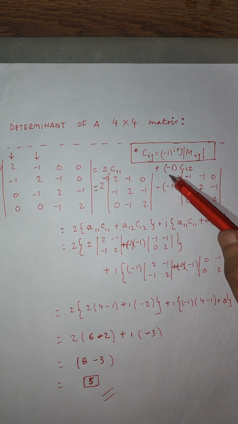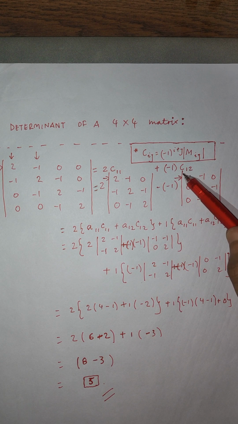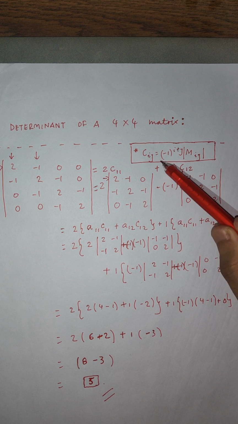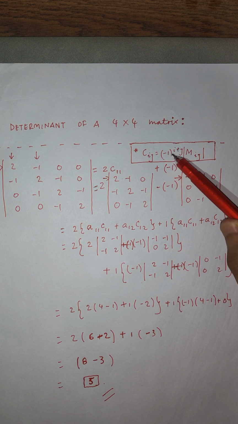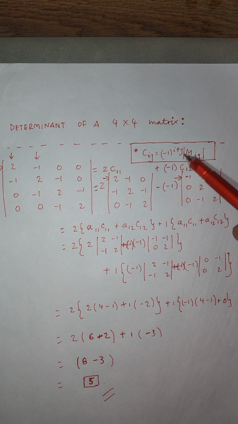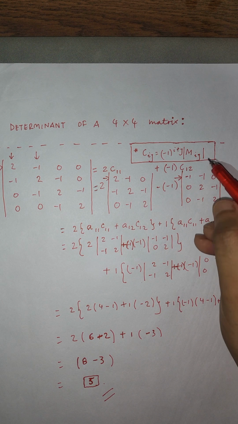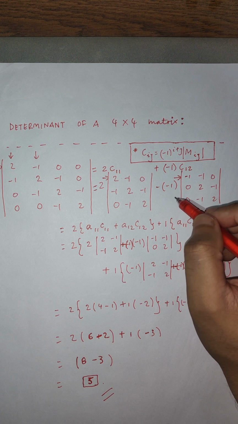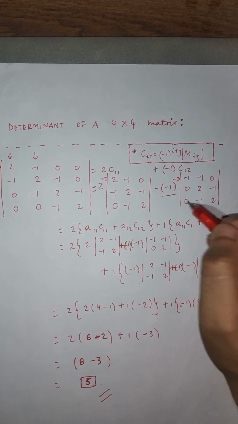Okay. Then plus -1 times C12. Let's try to find C12. Let's get to this formula. C12 is equal to -1 to the 1 plus 2, which is 3. -1 to the 3 is -1. So that -1 is actually shown right here.